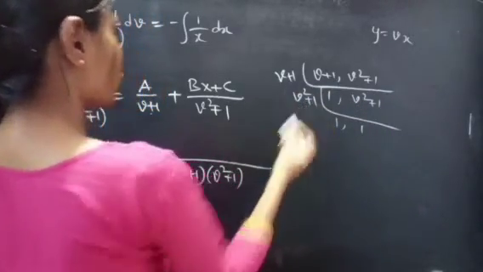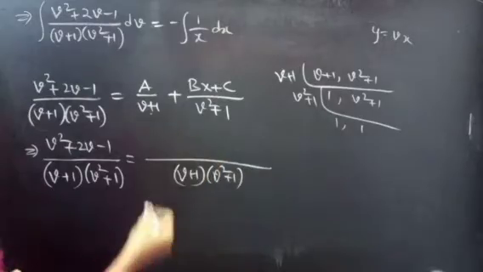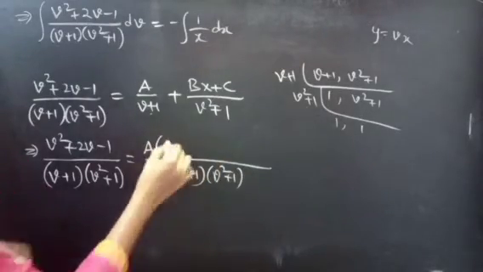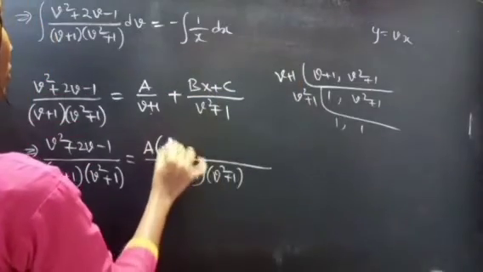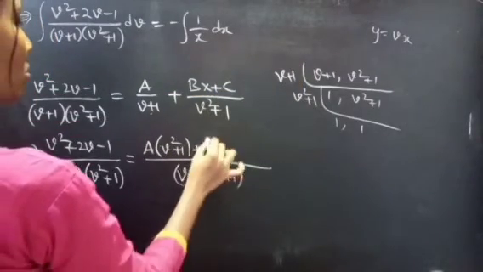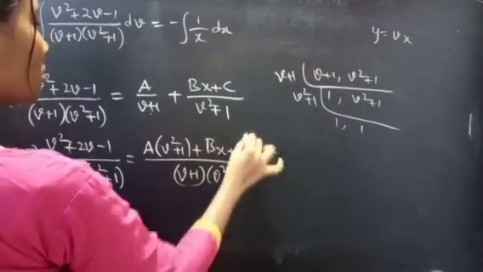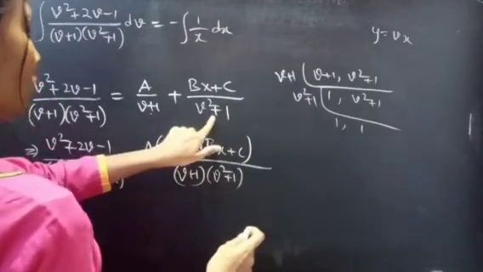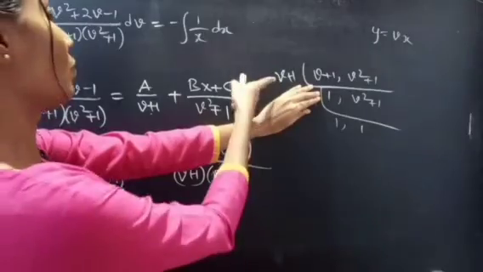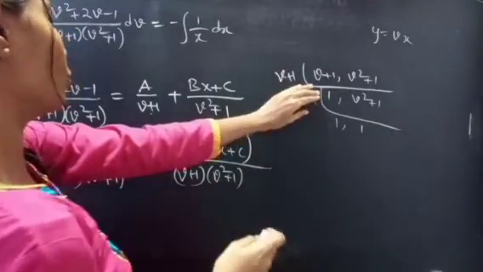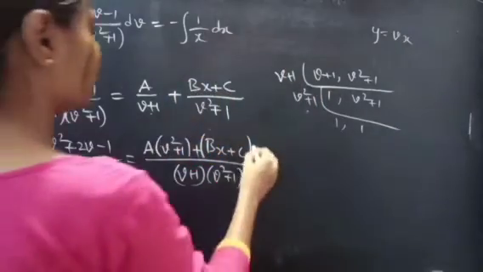So (v plus 1)(v square plus 1) is the LCM of these two. The numerator will get a times (v square plus 1) plus (bx plus c) times, here in the denominator of second term you're having v square plus 1, so cover v square plus 1, remaining will be v plus 1, so we'll multiply v plus 1 to this.